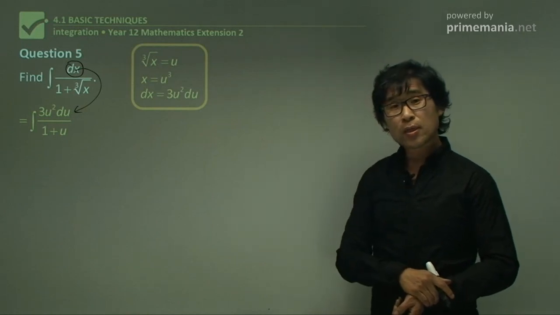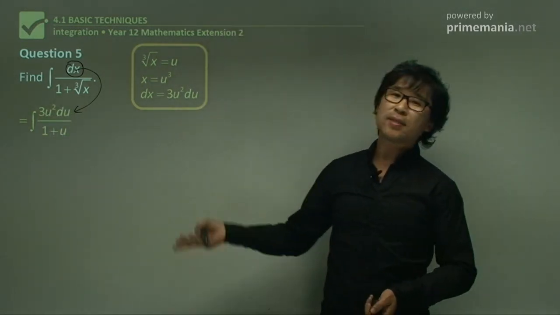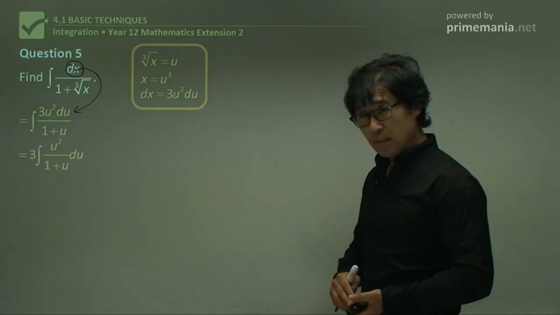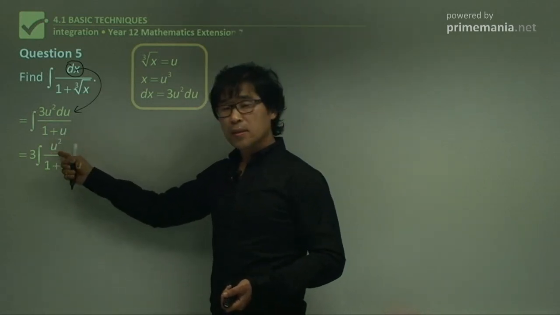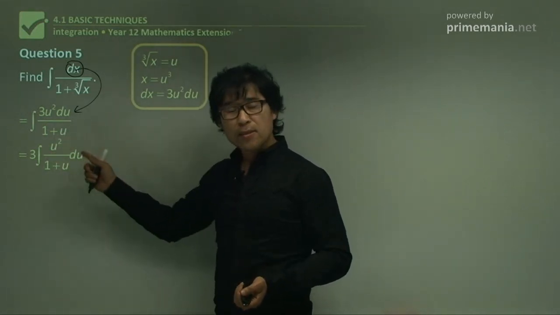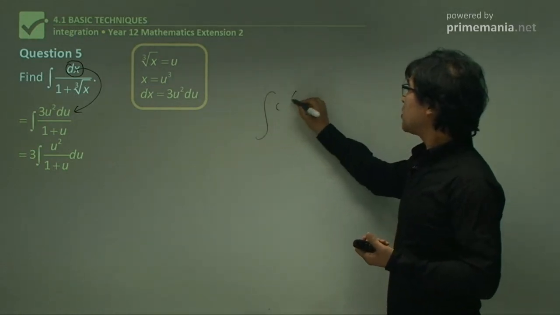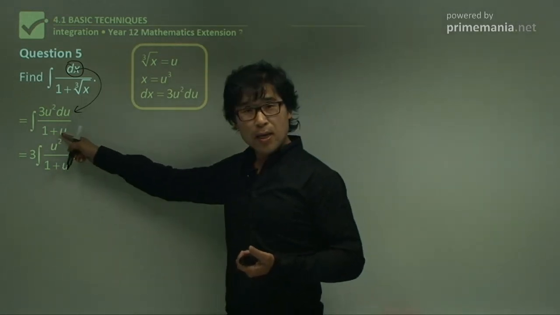What I like to do, guys, is if you have any coefficient, please take it outside of the integral, like this. Anyway, what happens from here? It's a good candidate for the differentiate-over-not-differentiate format, but this power is higher than the numerator.